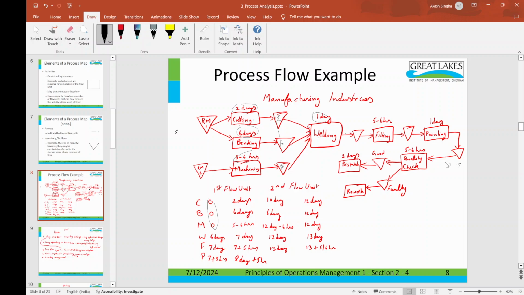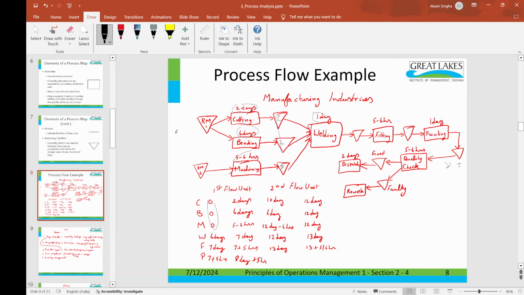For the second flow unit, for the first it was starting from 0, but for the second we can control it, right? Among these three, the bending takes the most time, and we have to wait for the bending to complete. So there is no point for others to build up and create inventory here.